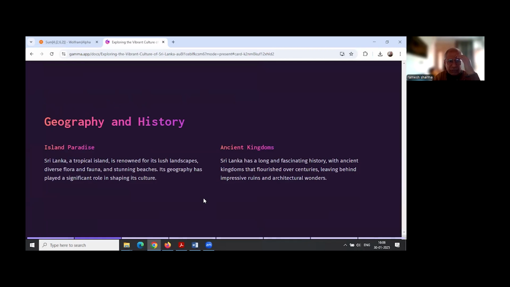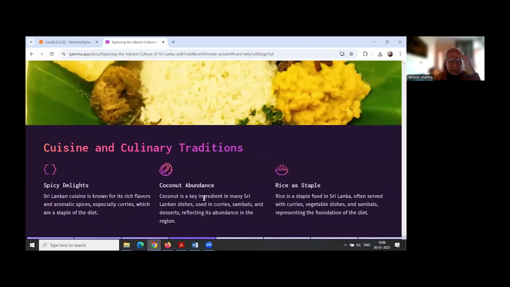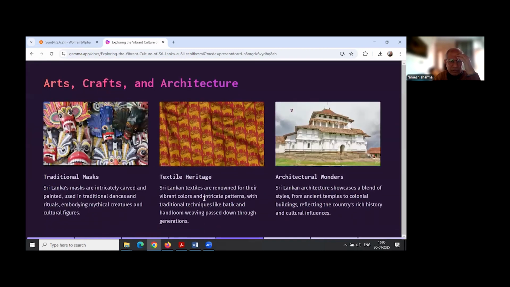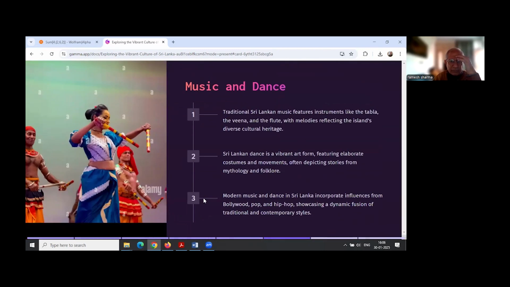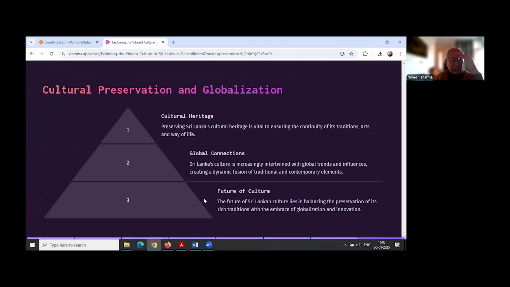Then geography and history, tropical island renowned for its lush landscape, ancient kingdoms, Buddhism, Hinduism, festivals, cuisine, culinary tradition, coconut, then art, craft, music and dance, language, literature, culture, preservation, globalization.